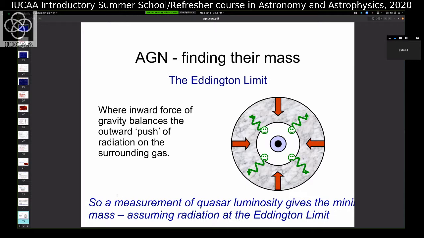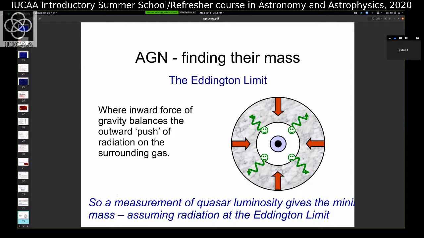Before we say there is a huge mass or a black hole, we need to see how we find the masses in AGN. We can find the masses of AGN using the Eddington limit argument. So what is this? Any object cannot have arbitrarily large luminosity, because if it produces a huge amount of radiation, the radiation pressure will throw out the material, and the object will not be stable.